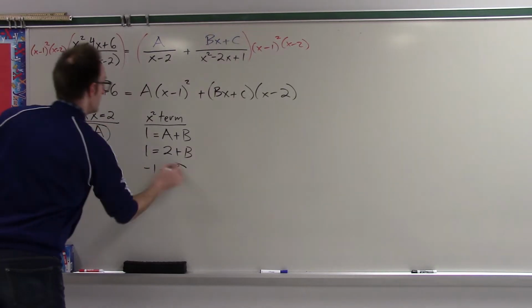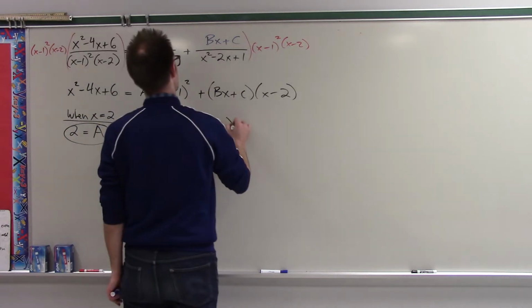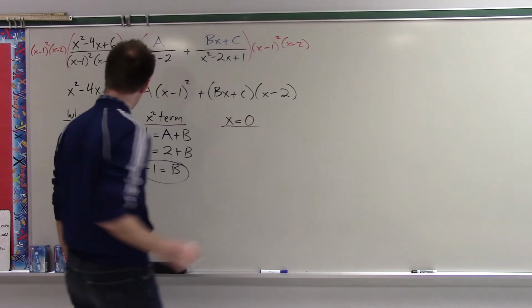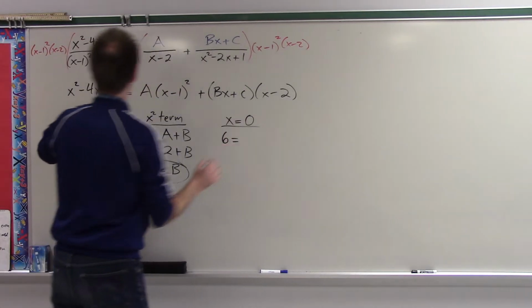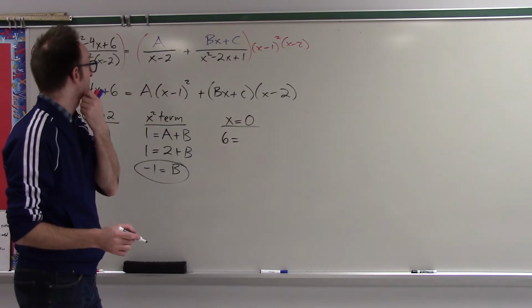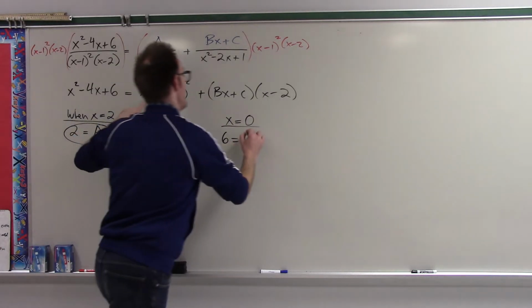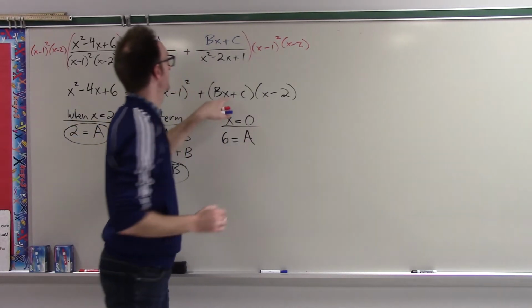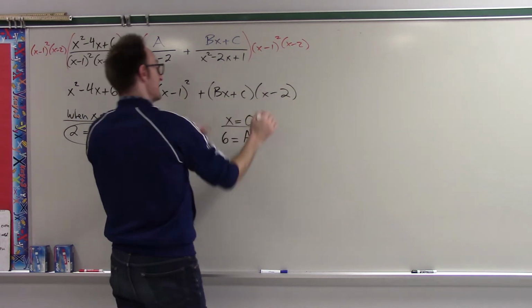Okay, so boom, boom, and finally, maybe we can plug in x equals 0. Maybe that's a good idea. If I plug in x equals 0 on the left, then I get 6. And if I plug in x equals 0 on the right, let's see. If I plug in 0 here, that gives me a. And if I plug in 0 here and here, that ends up being c times negative 2.